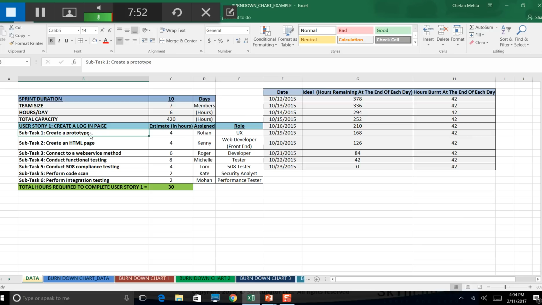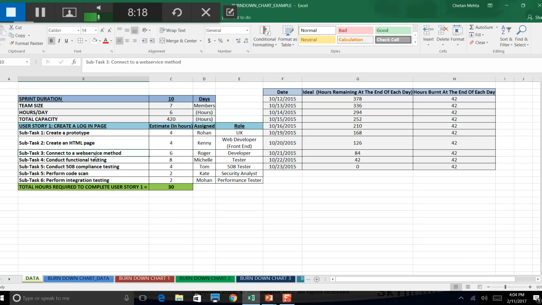I have create a prototype, which is one subtask. It will take 4 hours. Rohan has been assigned, and he's a UX person on the team. Second subtask is create an HTML page, which will again take 4 hours, will be done by Kenny, and she is a web developer.